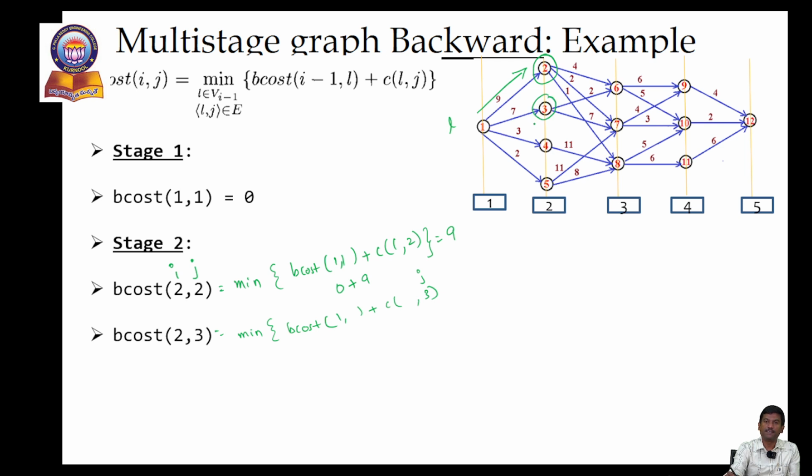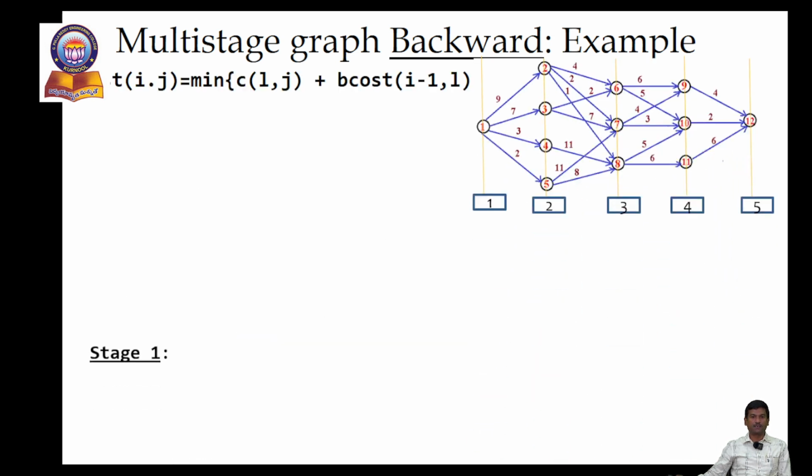What are the edges connected to vertex 3? From 1 we can reach 3. That is the value of l, so l will be equal to 1. And find the minimum cost, that is bcost of 1 comma 1, which is 0, plus c of 1 comma 3, that is 1 to 3 with the cost equal to 7. This is how you need to find the cost at every stage.